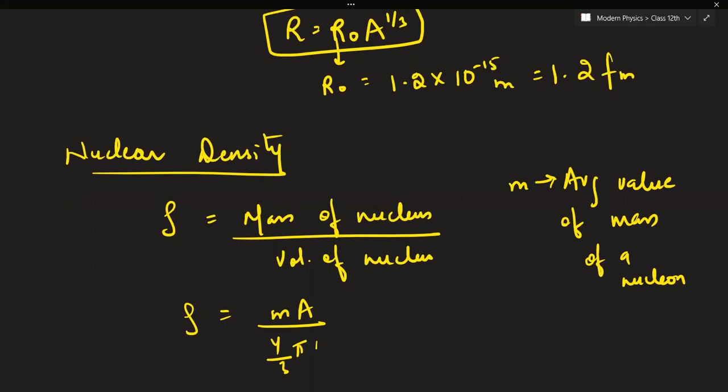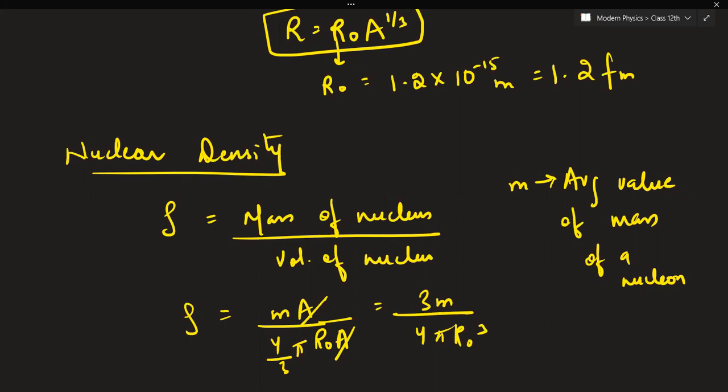Now r cube was r naught cube A. Remember? See, A gets cancelled. You are left with 3m by 4 pi r naught cube. So tell me, class, A is the mass number, and this is the final formula you're obtaining.